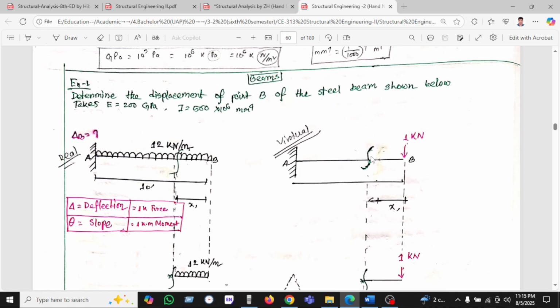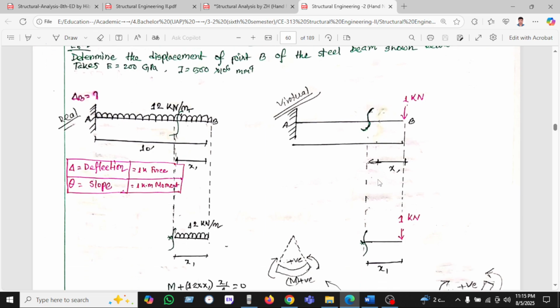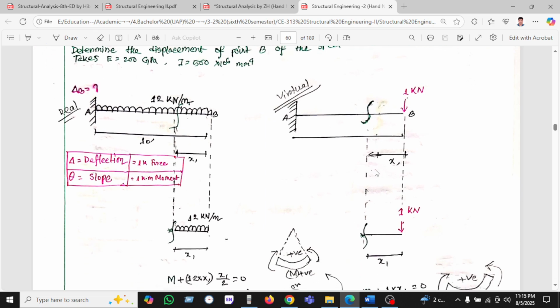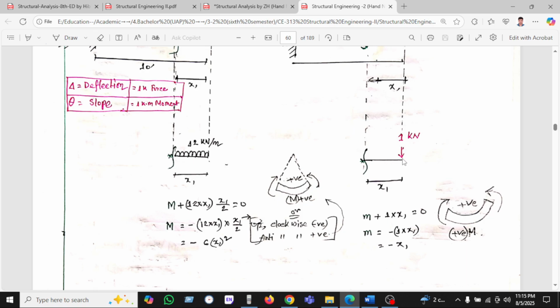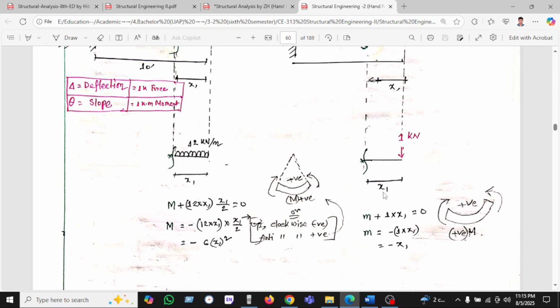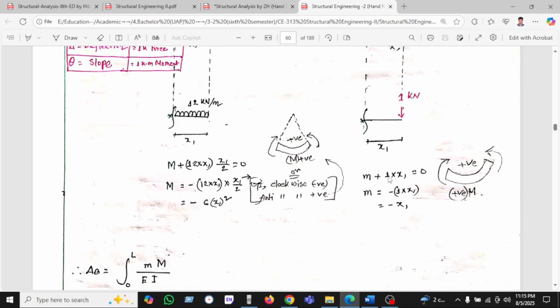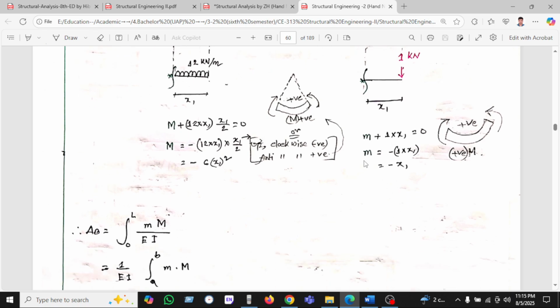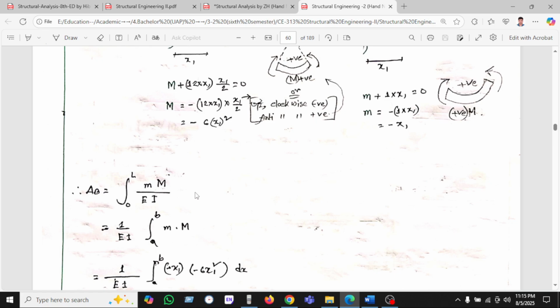In the same way, as we have been taking the displacement at point B, we are cutting here, and after cutting we apply the unit load of 1, so it will be x1. So m into 1 plus x and minus x1. We are giving the sign here. So all the signs minus 6 and minus 6, minus into minus will be plus. We'll see how it will occur.